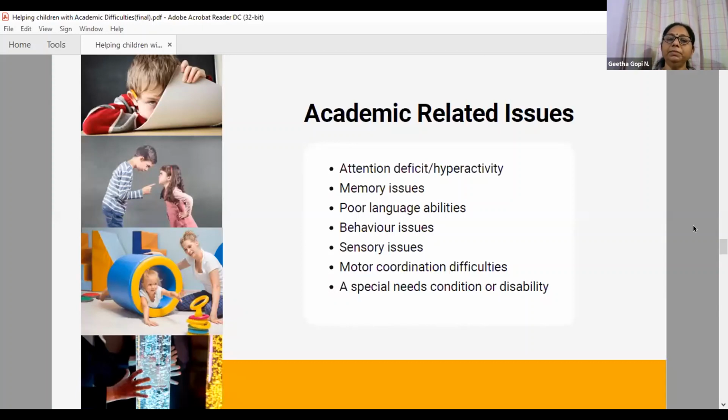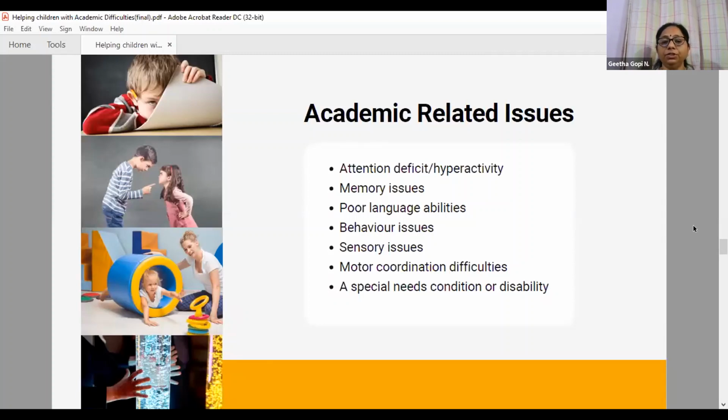So all these ultimately also have an effect on their academic learning, because a lot of times children with behavioral issues are usually punished, or they're given time out, and such strategies are resorted to by teachers, and therefore many of them tend to miss out on academic learning, or the time spent within the classroom to learn academics.